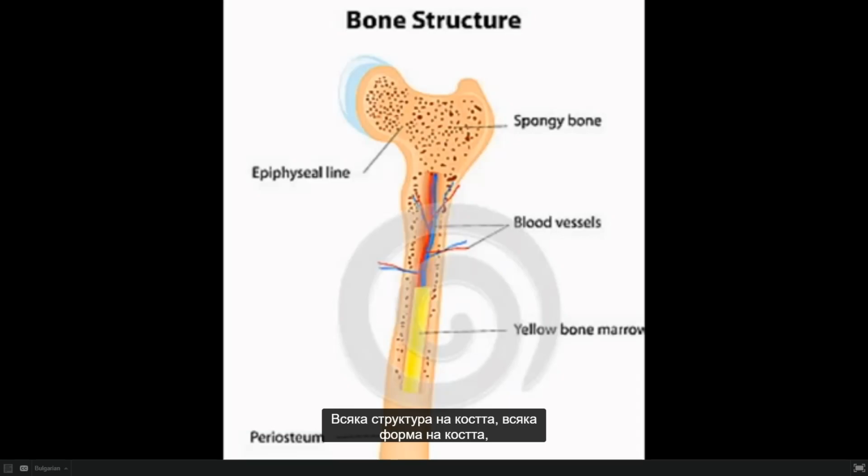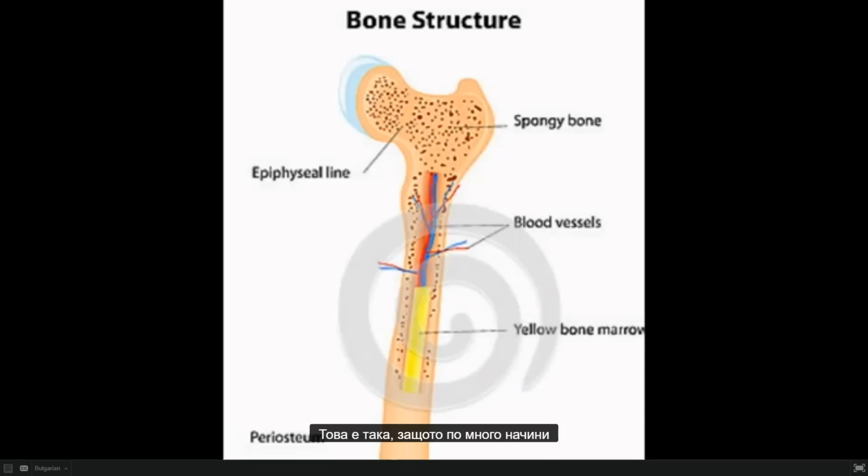Every structure of the bone, the shape of the finger, of the bone, is directly connected to the need and demand of the emotional part. And if the world of science understands this, then one will understand why in old age we become frail and we have problems with our bones.